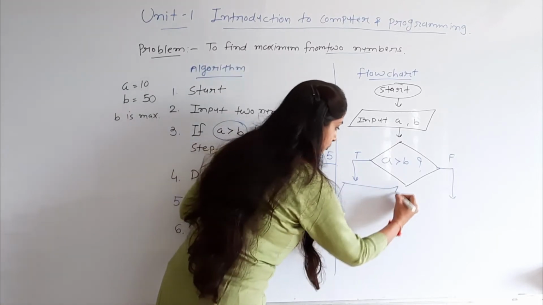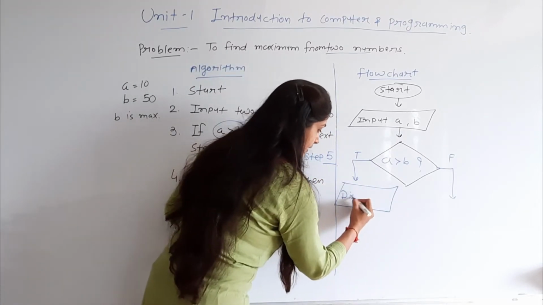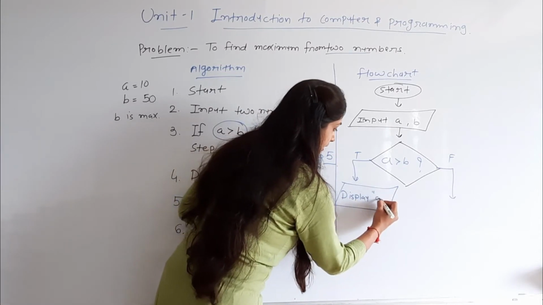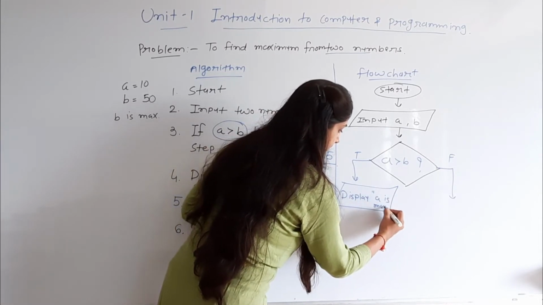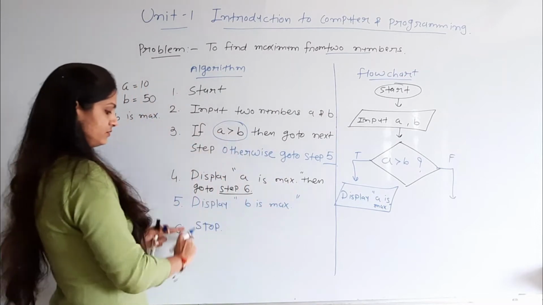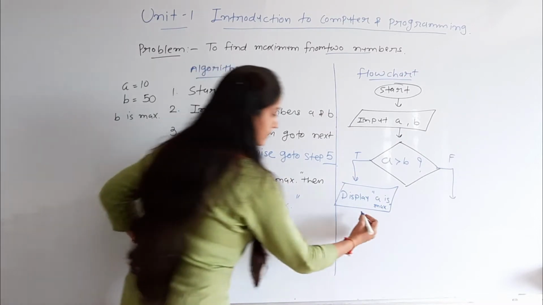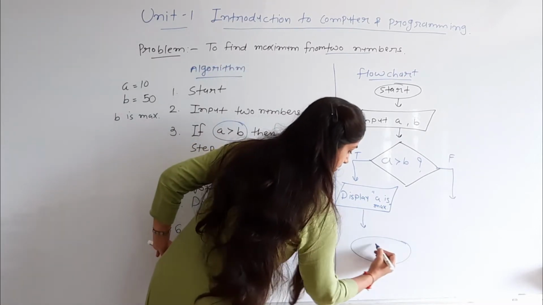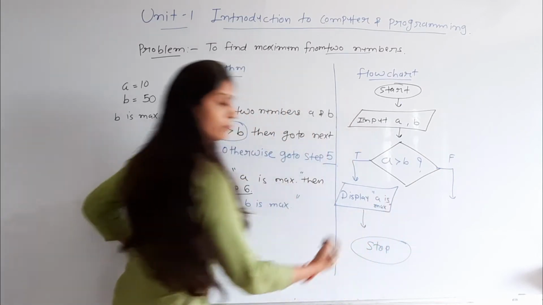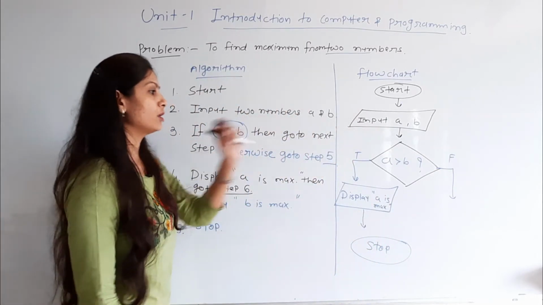So display our output in a parallelogram, display A is max, and jump to the sixth step, that is oval shape, and stop.